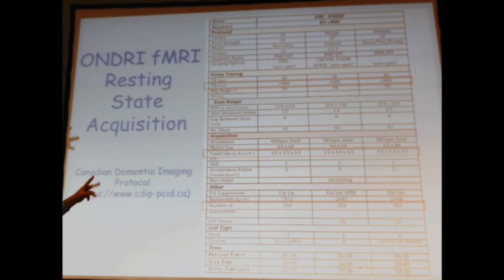So the TR by modern standards is actually relatively long at 2.4 seconds. The voxel size is 3.5 by 3.5 by 3.5. And there are 250 TRs, so it's a 10-minute total sequence. So it's a reasonably longish acquisition, but presumably not pushing the scanners really hard.